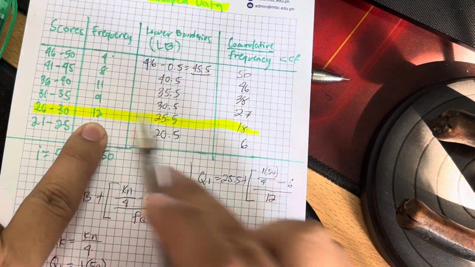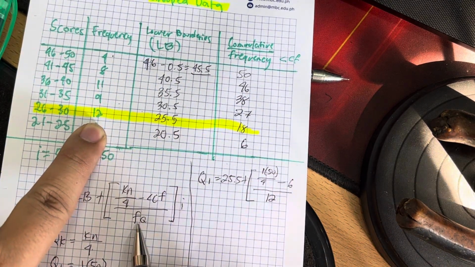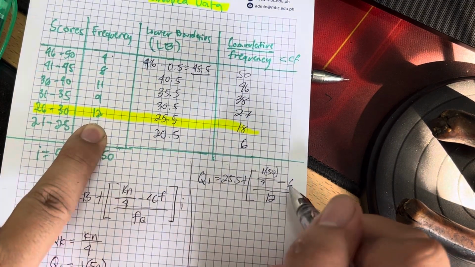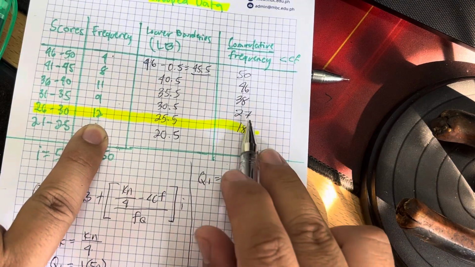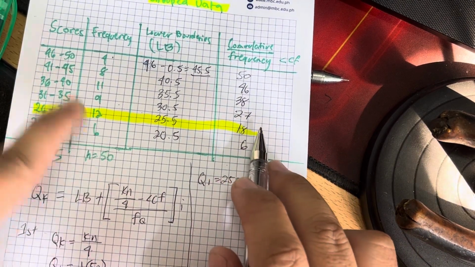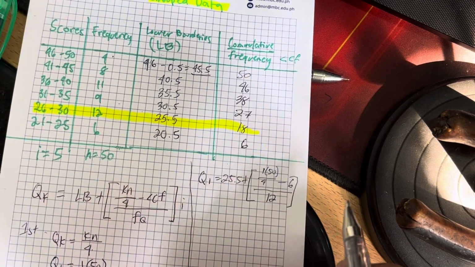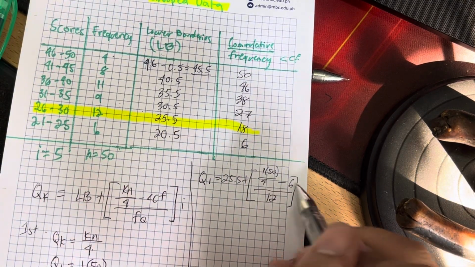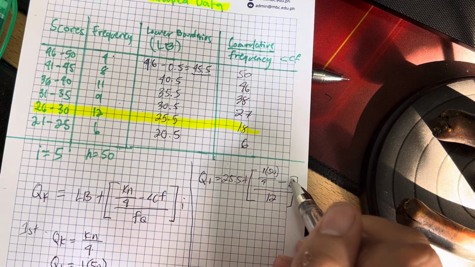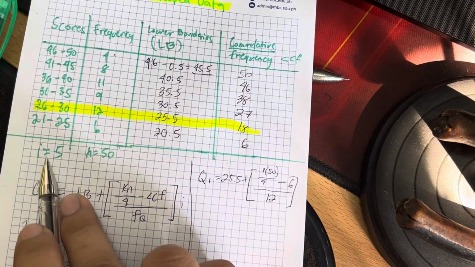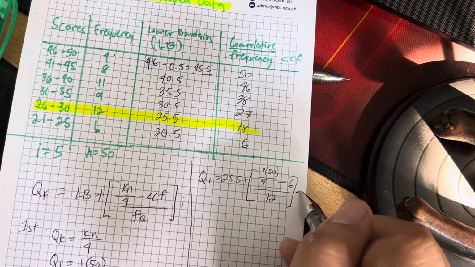So the frequency of the quartile is 12. Sir, bakit hindi natin gagamitin sa 18? 18 is only the sign para doon natin kukunin lahat ng mga data na nasa paligid natin. Kumbaga magiging pattern lang natin. Next, times the interval. Ang interval natin ay 5.